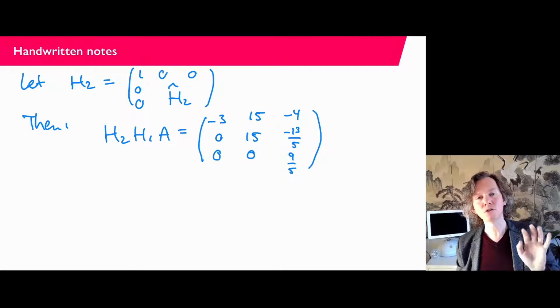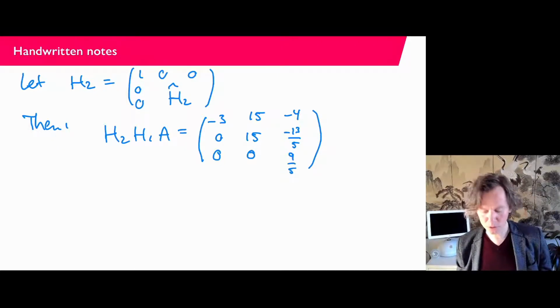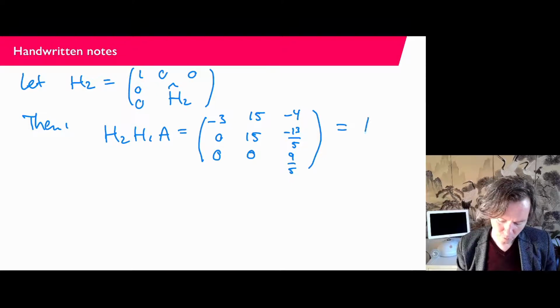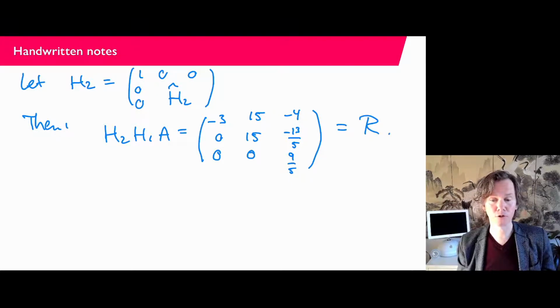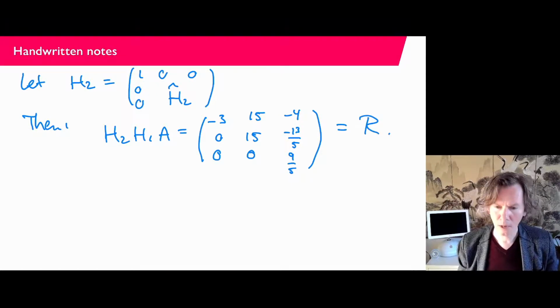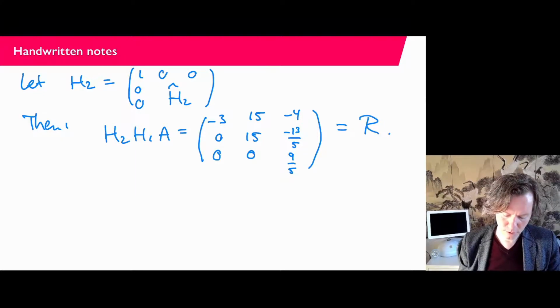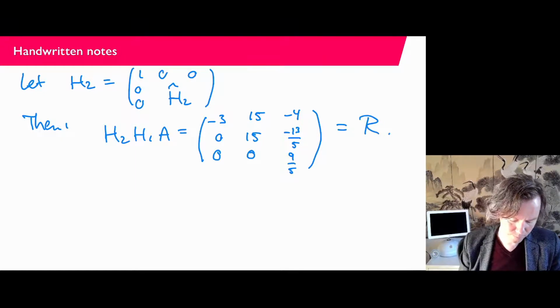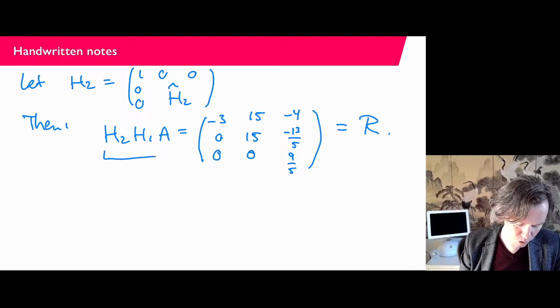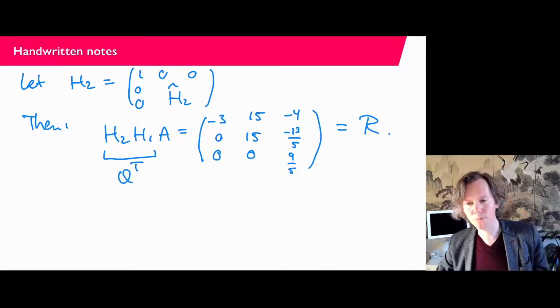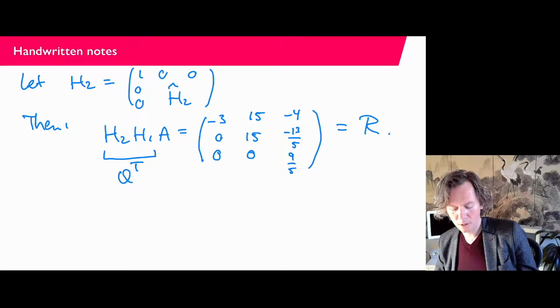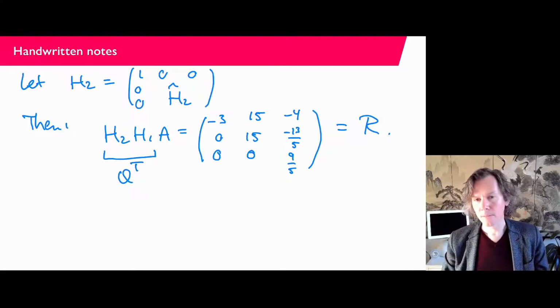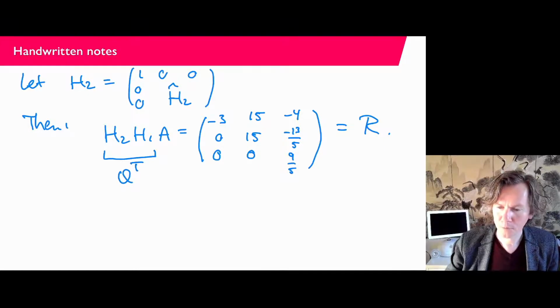So with these two Hausdorff transformations, we have found an upper triangular matrix. And this bit here is Q transpose, so the orthogonal matrix. That is the bit on finding the QR decomposition.